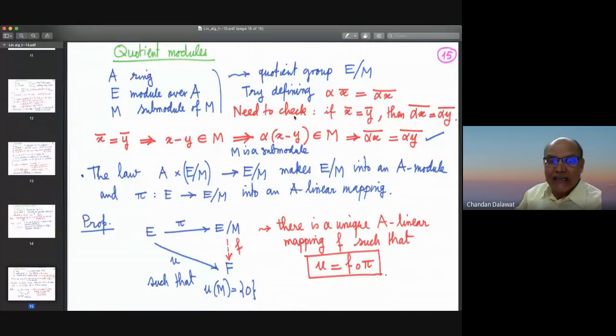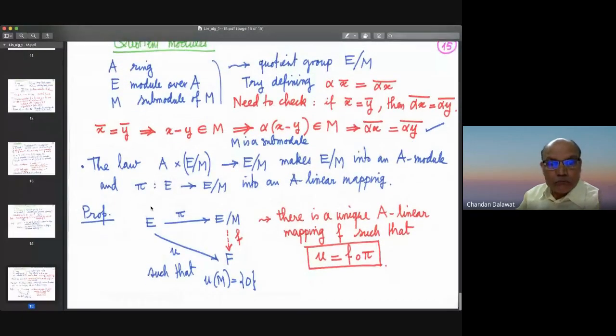So now I can multiply elements of E modulo M by scalars in A. And that makes E modulo M into an A module, and that's called the quotient of the A module E by the submodule M.